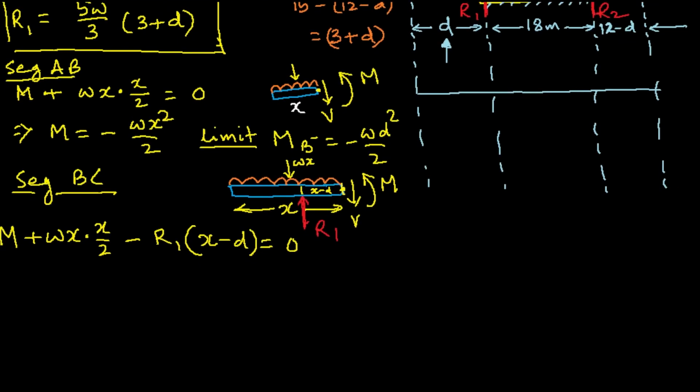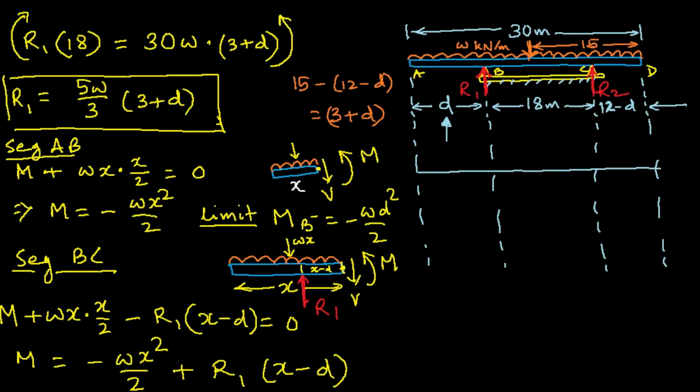So that means your moment will be equal to minus w x square over 2 plus R1 times x minus d.